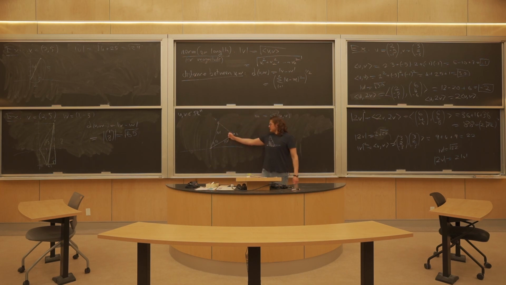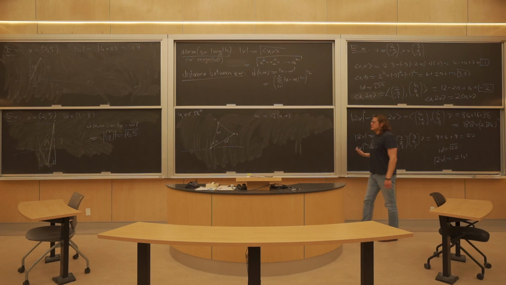Can I say something about the length of this relative to u and v? In terms of u and v, how would I describe the length of this? Norm of v minus u. Right? Because u is taking you from here to there, and then v minus u is yet another vector. If you were to add it to this, you would end up at v. So this is v minus u in norm.